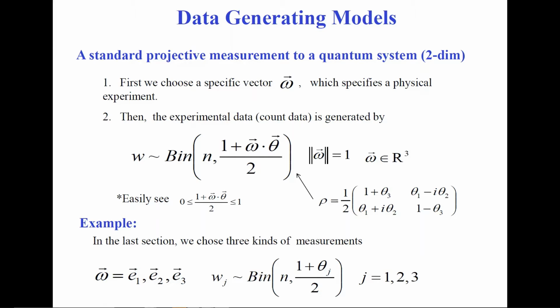The following measurement is a mathematical model of measurements, and statistically, this way of measuring implies a certain data generating model for a fixed density matrix. Okay, first, we pick a specific unit vector omega, a three-dimensional vector omega, and then this omega specifies a certain physical experiment.